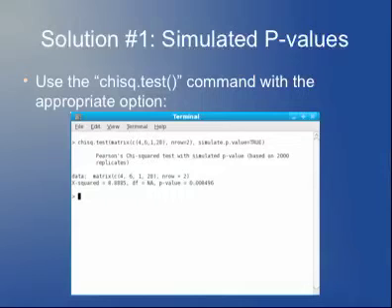And then it just counts how many times, when the null hypothesis is true, you get a test statistic more extreme than what you observe, and you divide that by the number of simulations to get your p-value. It's a little bit more complicated than that, but that's the basic idea.